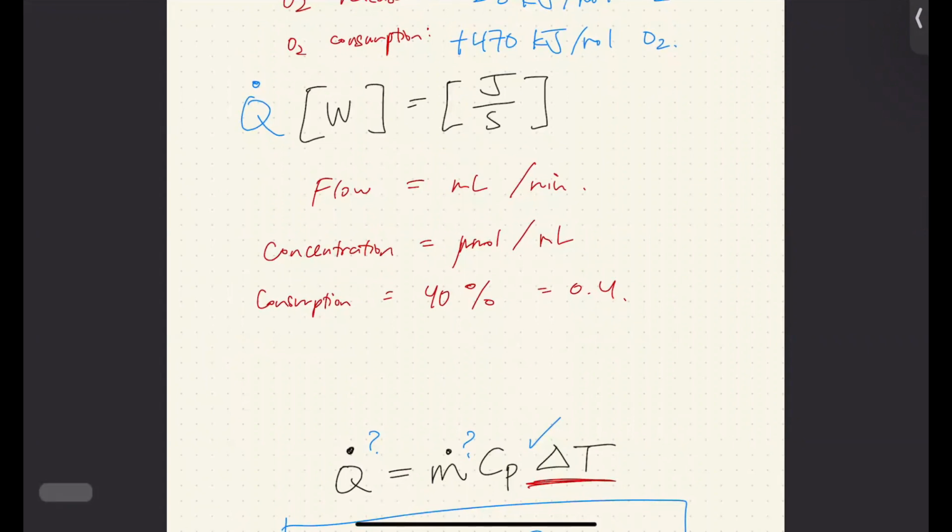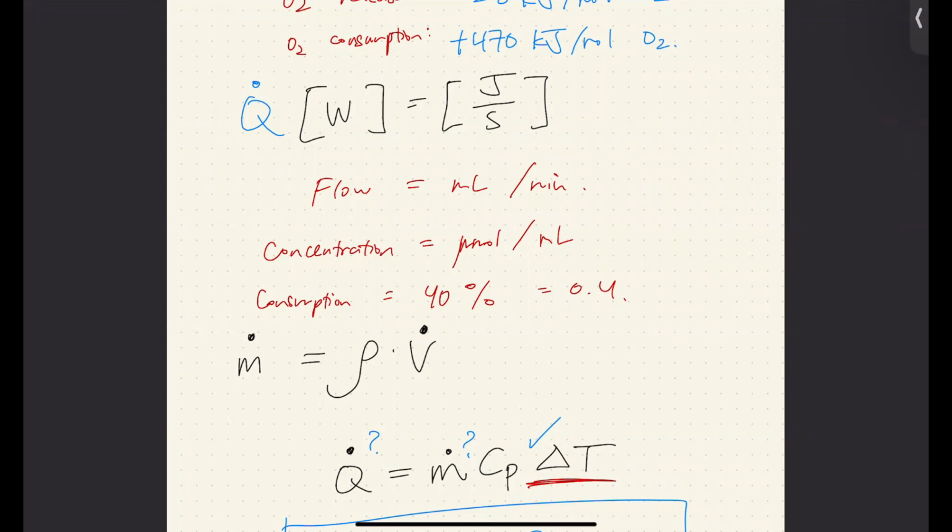And then, what is m dot? Well, another way to write m dot is also rho times volume. That gives you mass. And what is volume? Well, the change in volume you can determine easily. That is your flow.